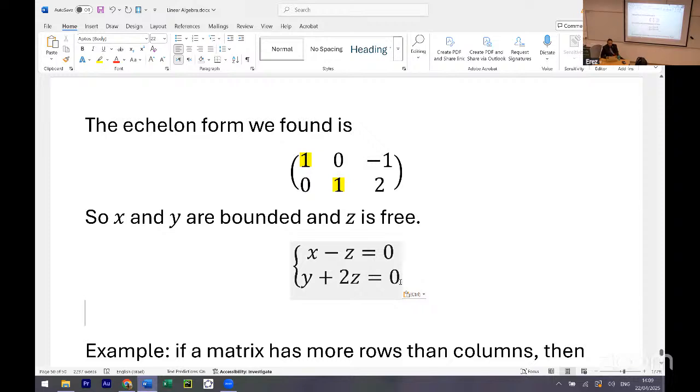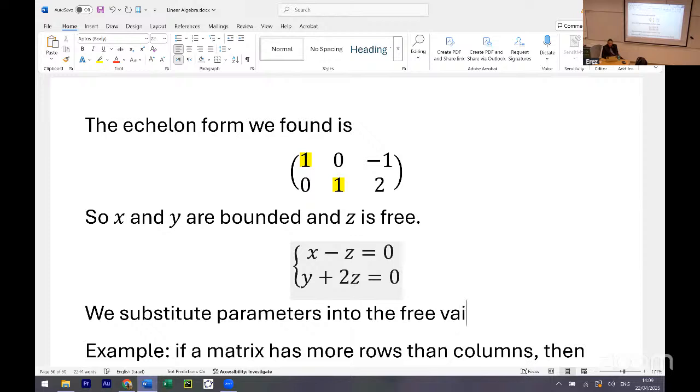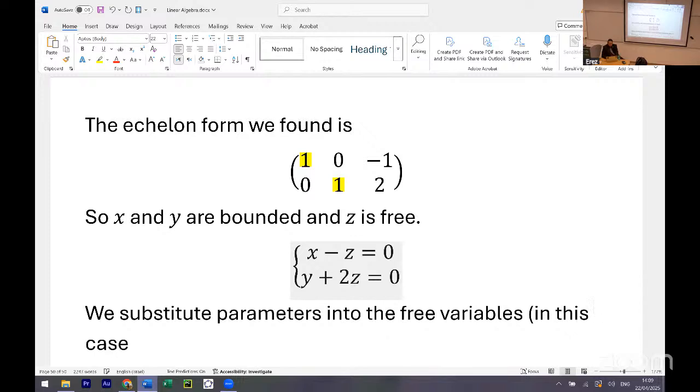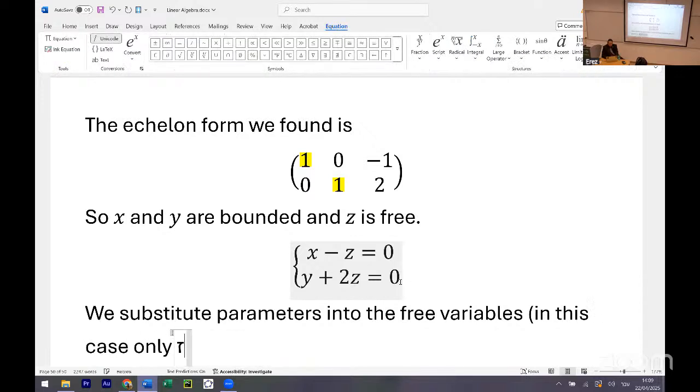And then you can do the following. We substitute parameters into the free variables. In this case, only z.